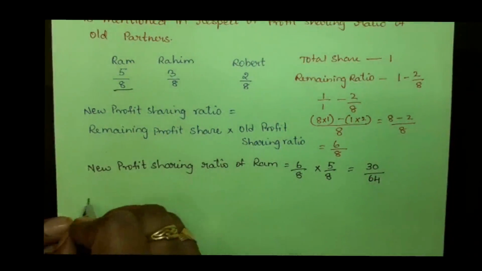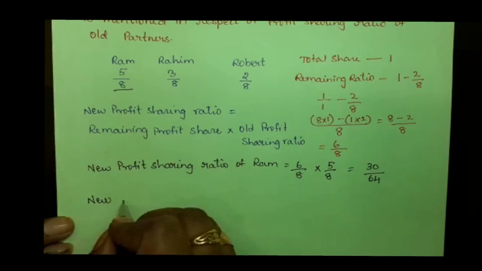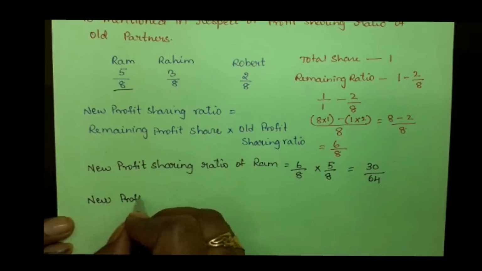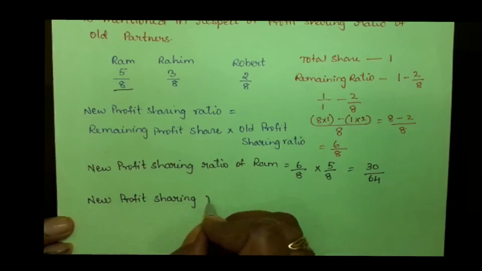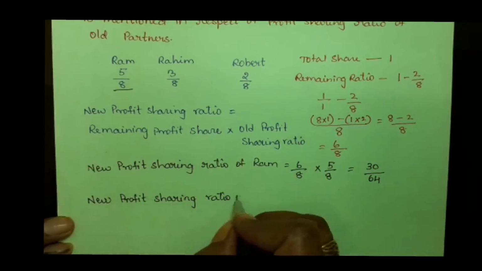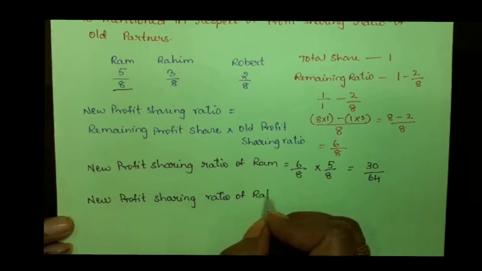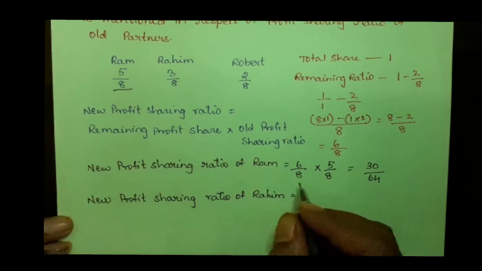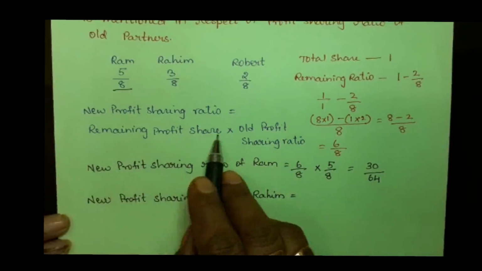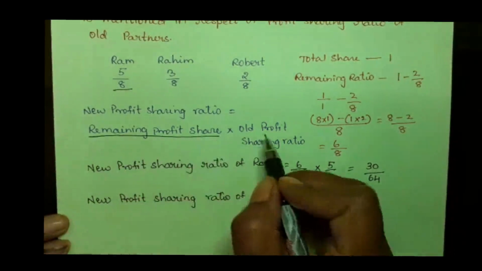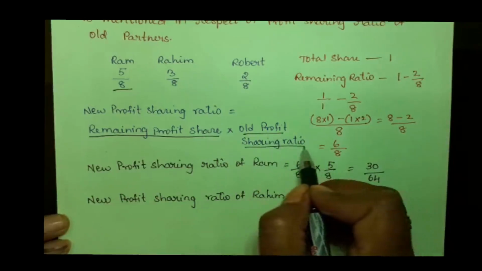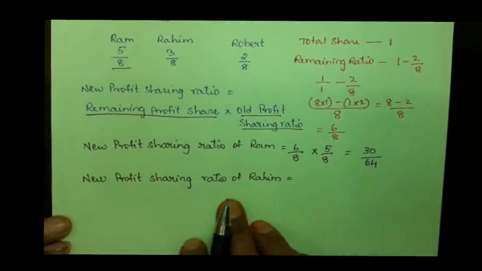The new profit sharing ratio of Rahim is equal to remaining profit share into old profit sharing ratio. So what is the remaining ratio?